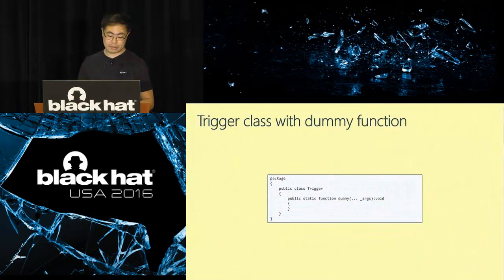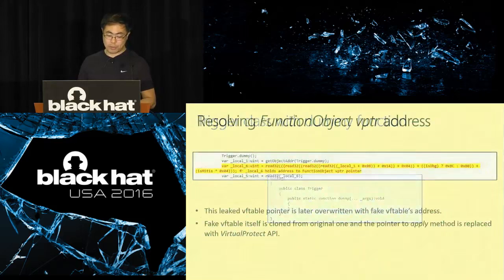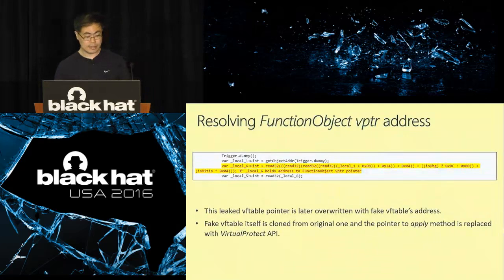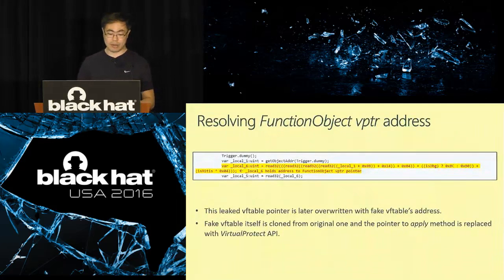So the exploit will try to corrupt the function table, the virtual function table for this dummy method. And you see there's some address calculation here. And you will overwrite the apply or call method here.